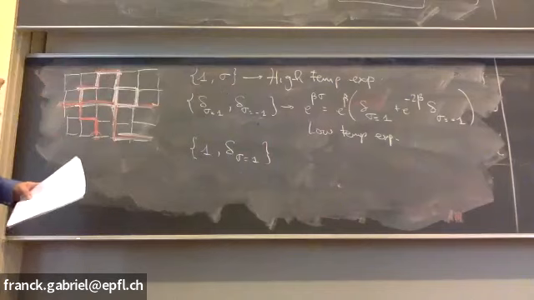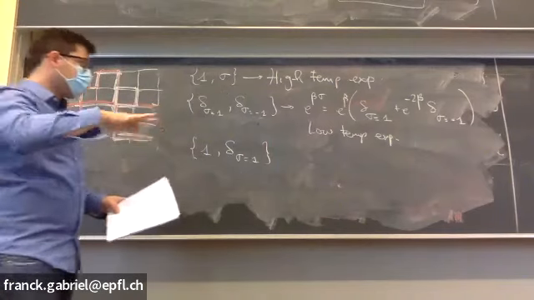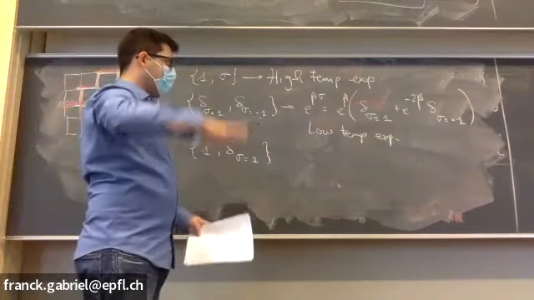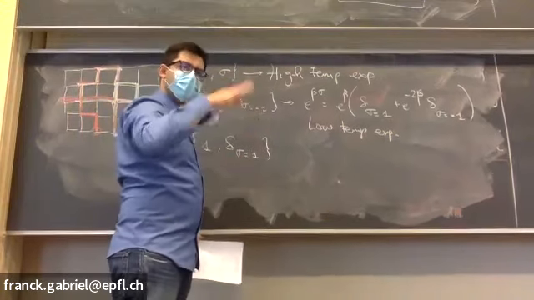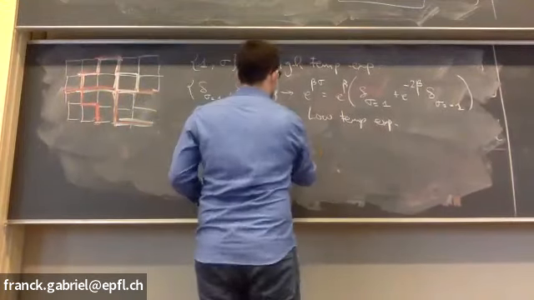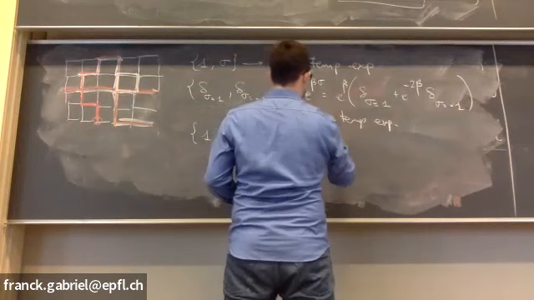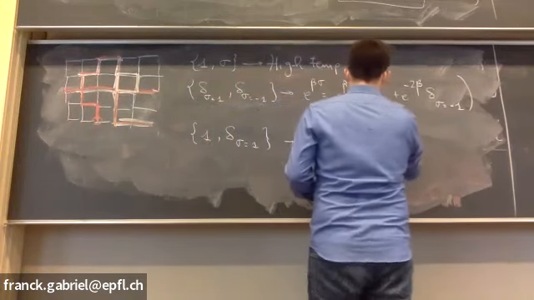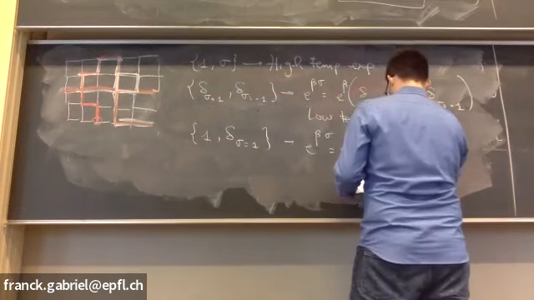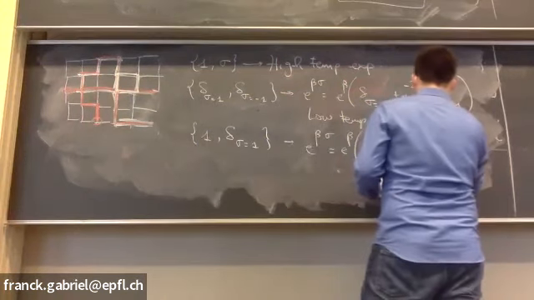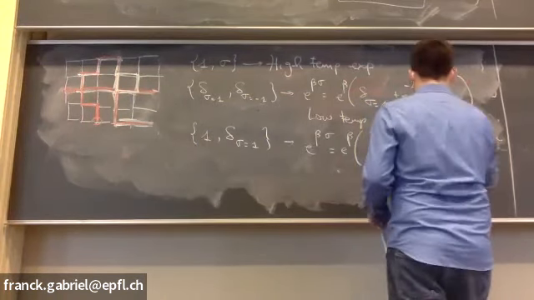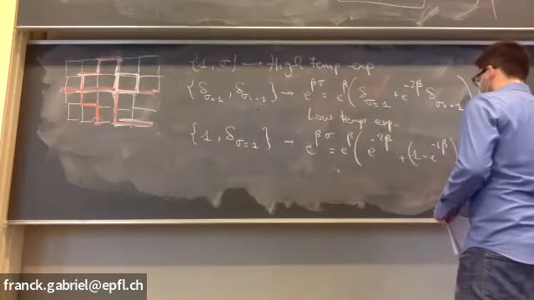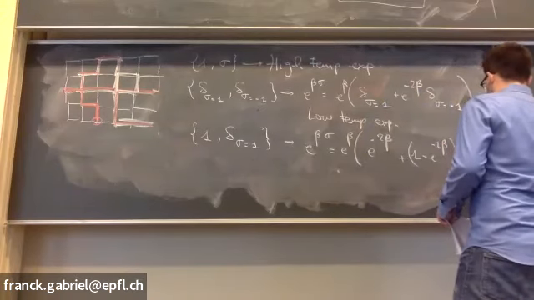You can say, okay, I look at the minimal energy, and then I just look at perturbation according to this minimal energy. Which means that you write exponential beta sigma as the following thing: exponential beta, exponential -2 beta plus 1 minus exponential -2 beta to the power -2 beta delta sigma equal 1.